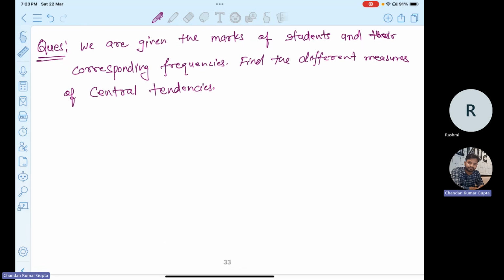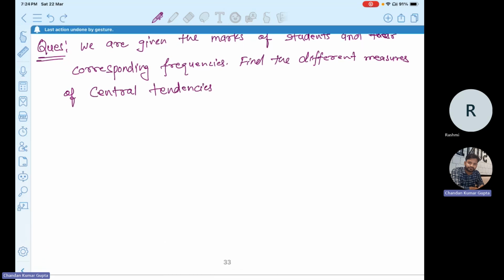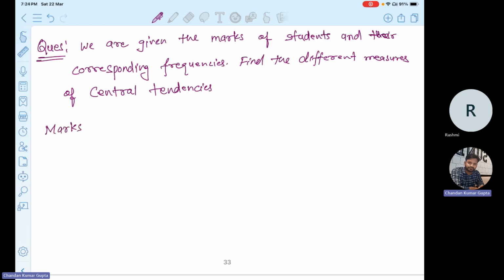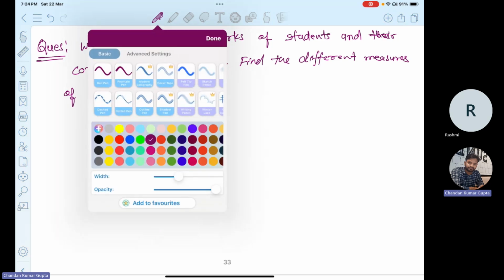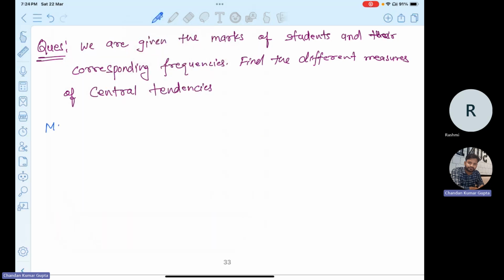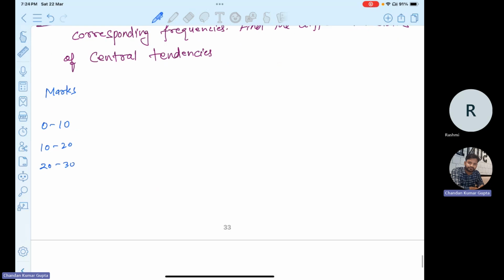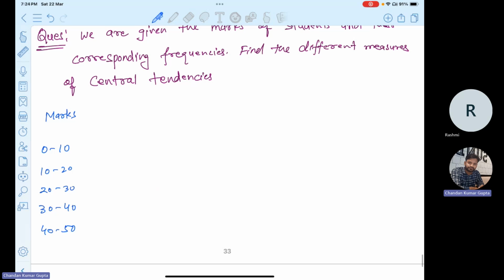We are given data. The data will be like this. Marks is there like 0 to 10, 10 to 20, 20 to 30, 30 to 40, 40 to 50.